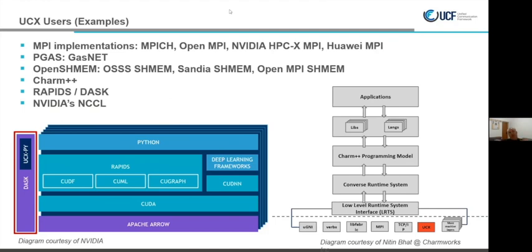So if we have some application that runs on top of MPI, and then MPI runs on top of UCX, there are also libraries that run completely on UCX, and Charm++ is one example, which means that NAMD can also run directly on UCX. RAPIDS, Dask, NVIDIA NCCL libraries utilizing UCX, and so forth. So just a few examples of the broad usage of UCX today. Next slide, Oscar, please.